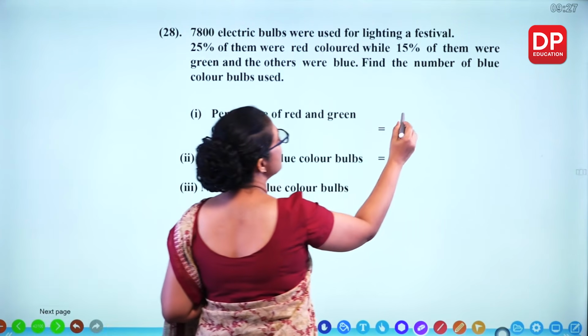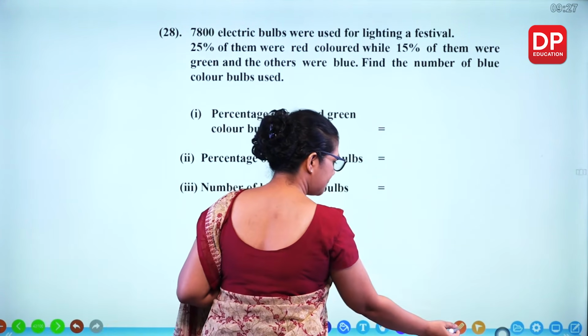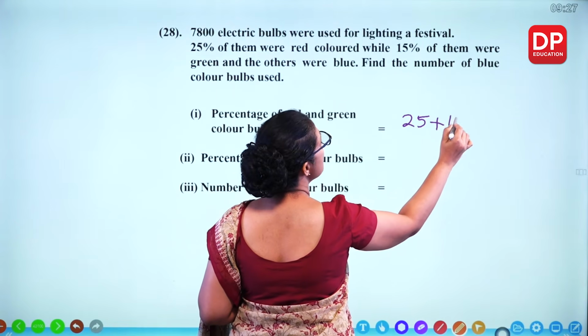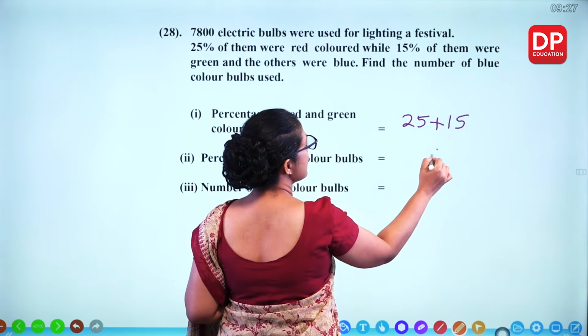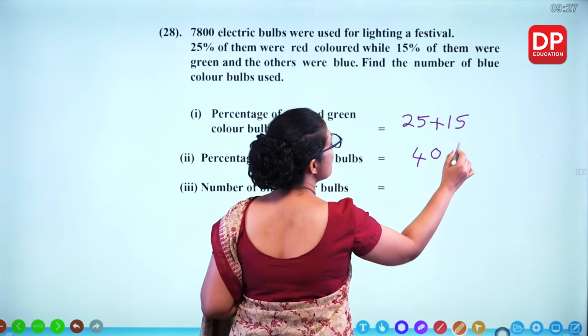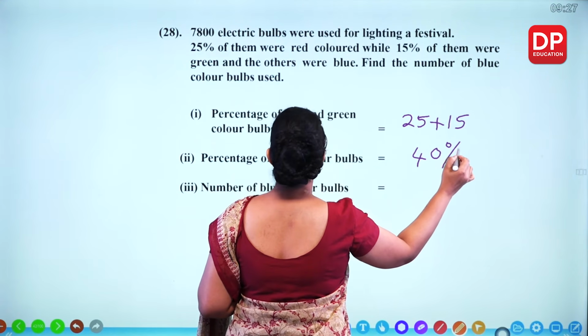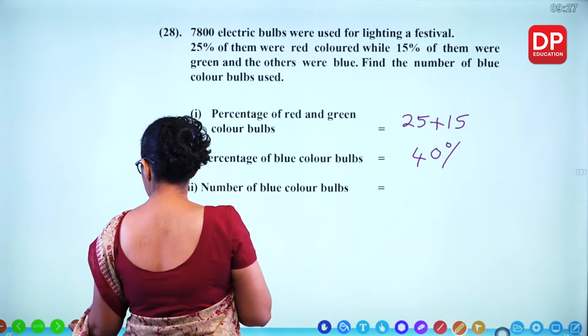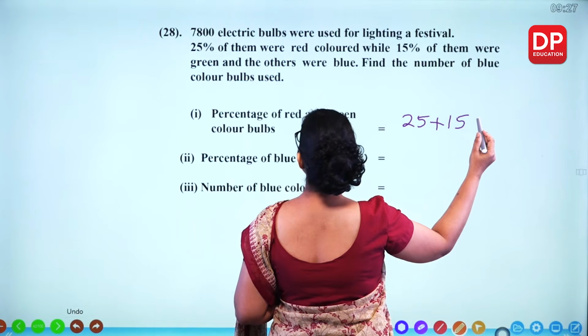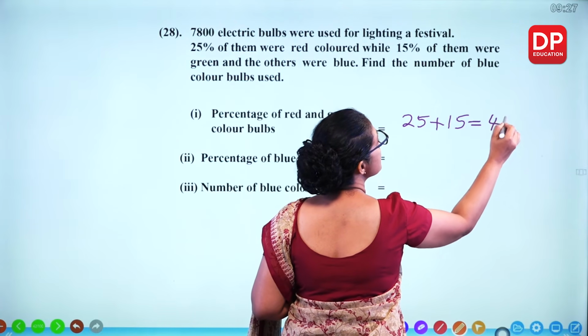So what's the value altogether? 25 plus 15%. So that's 40%. The percentage is 40% for green and red.